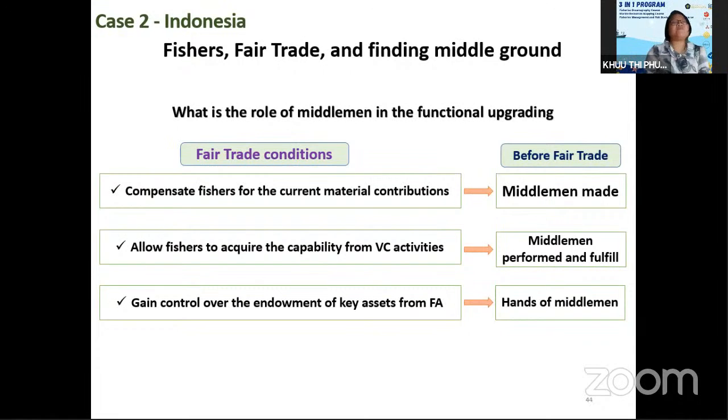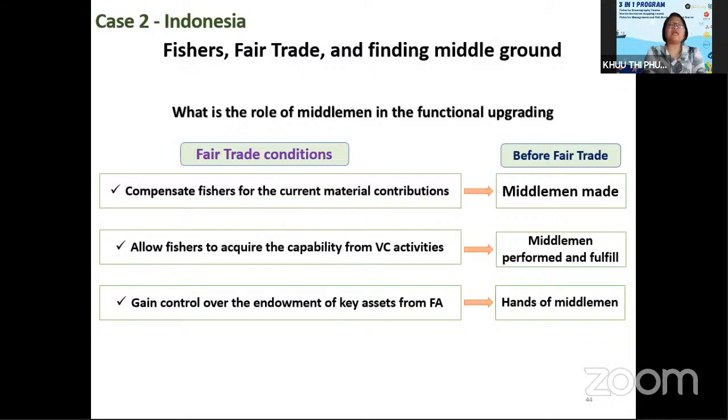After applying fair trade certification, they can compensate fisheries, and they allow fisheries to acquire the capability from supply chain activities and gain control over the endowment of key access from the fishery association.